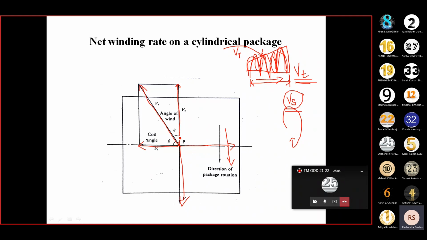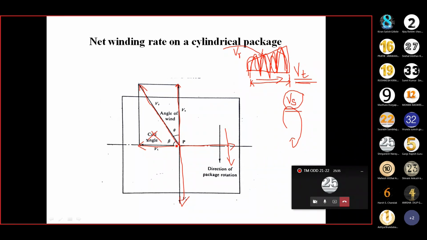Now we try to find out the angle of wind. Here we are not thinking about the coil angle. We are interested in the angle of wind because in the question they ask about the angle of wind. In the exam, if they ask about the coil angle, you try to find beta on the basis of the angle of wind. Here I am teaching for the angle of wind.